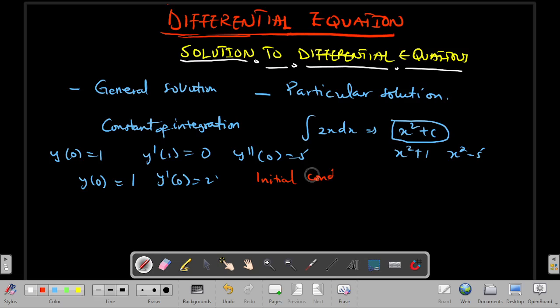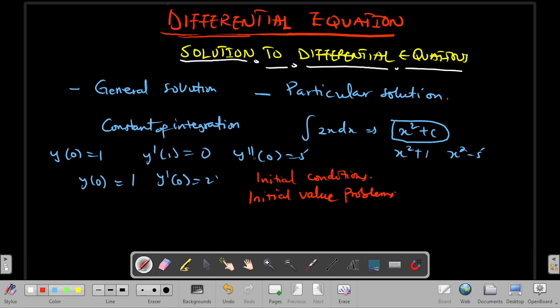Initial conditions talk about the state of your dependent variable when the independent variable is 0. Equations that come with initial conditions are simply called initial value problems. So initial value problems are differential equation problems which have initial conditions attached to the equation.